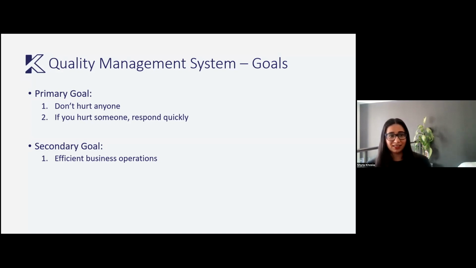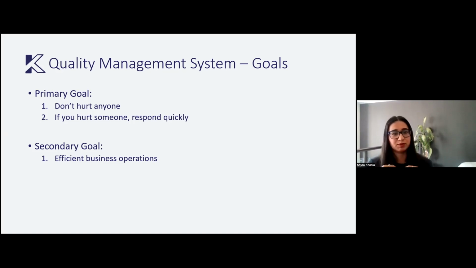The second thing is, if you do hurt someone, be able to respond quickly. What I mean by that is you need to be able to respond to that patient. You need to notify regulatory authorities that an adverse event has occurred. And you also need to figure out what that means for the specific product that caused that injury in the field, as well as any other products that could also cause that injury, because it could be related to all of your products.